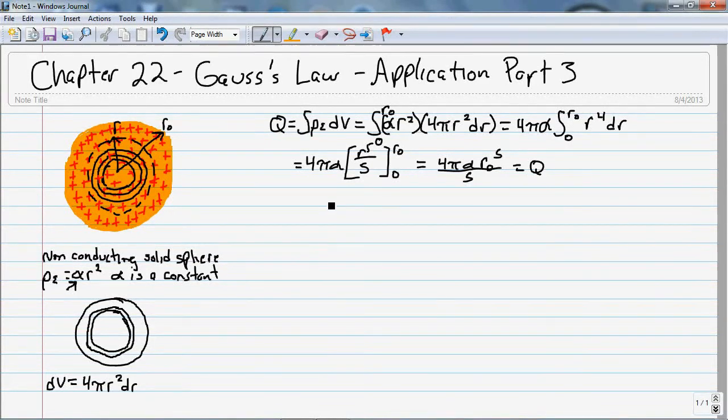So alpha is equal to 5Q divided by 4 pi r naught to the fifth. And so my density function is equal to 5Q r squared over 4 pi r naught to the fifth.